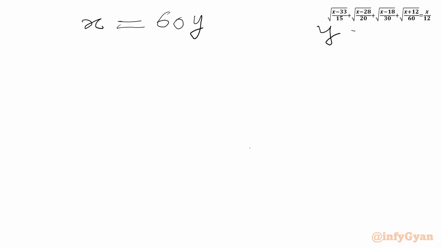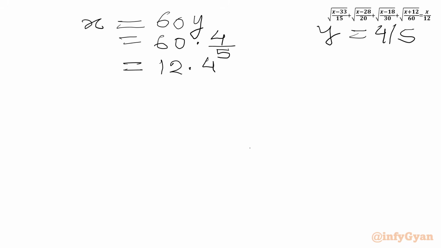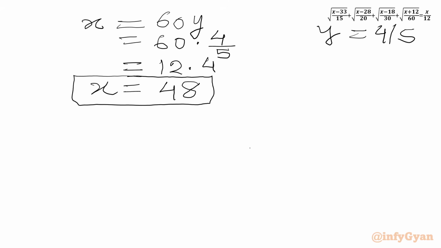So I will write x equal to 60y, and y is 4 over 5. Put y equal to 4 over 5, we will get 60 times 4 over 5. So 60 over 5 is 12. Then we have to multiply with 4. So our answer will become 48. So x equal to 48 is the only real value which will satisfy our equation.